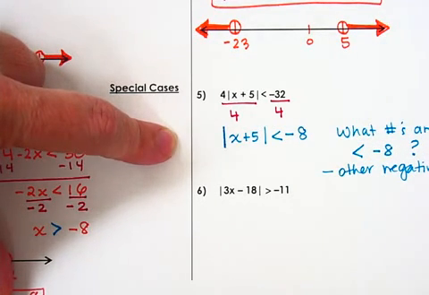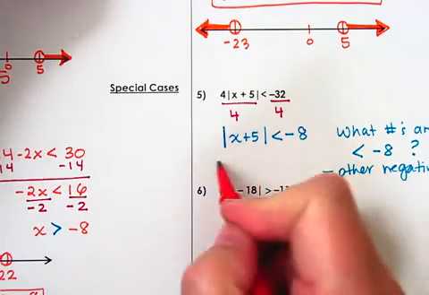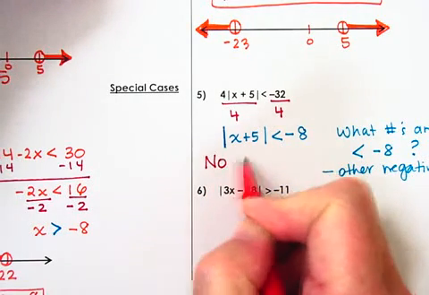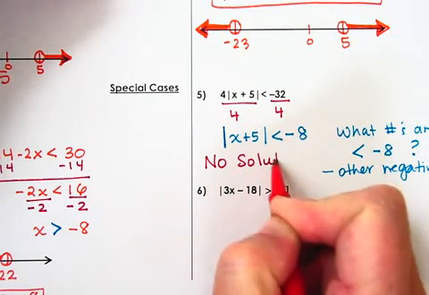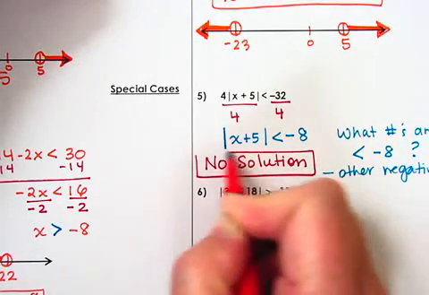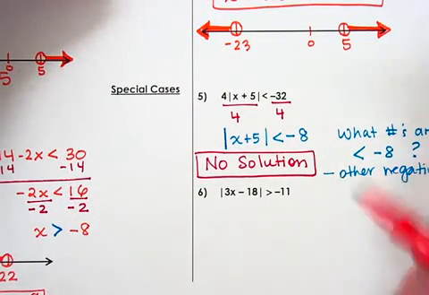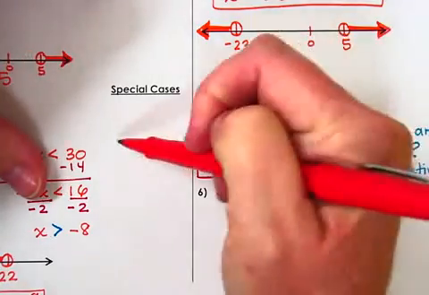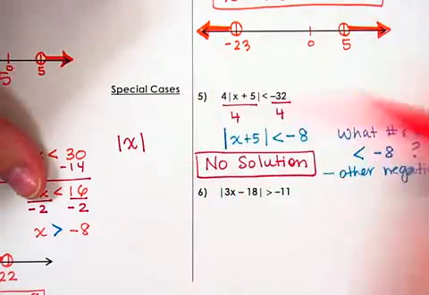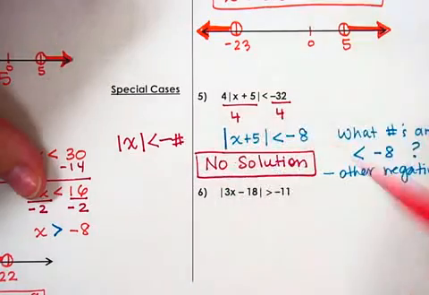No, it's not possible. We can't be there. So the final answer for this particular problem then is no solution. So you might just make note to yourself over here. That occurs when you have the absolute value of a number that is less than a negative number. Then you get no solution.